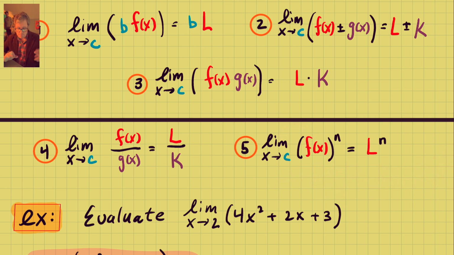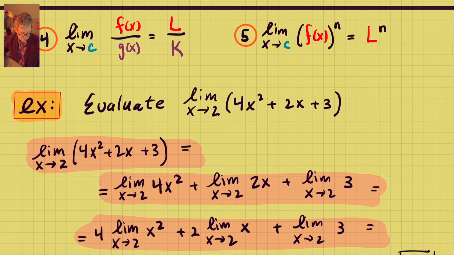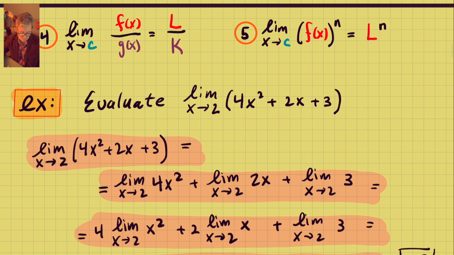Very good. So those two theorems in particular get you a huge range of functions. You can evaluate a whole range of functions just using those two, namely polynomials and rational functions. Let's see an example of how to use these.